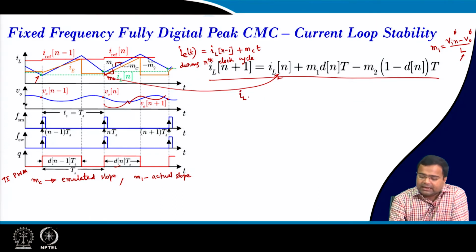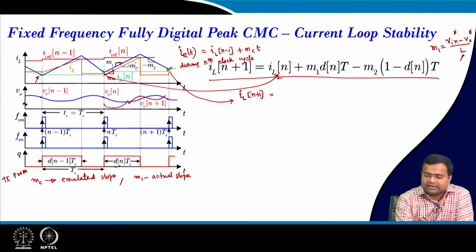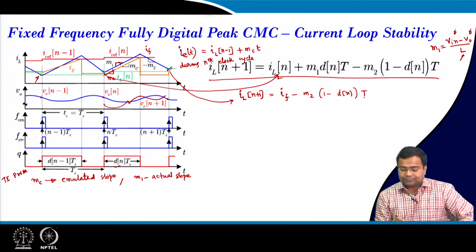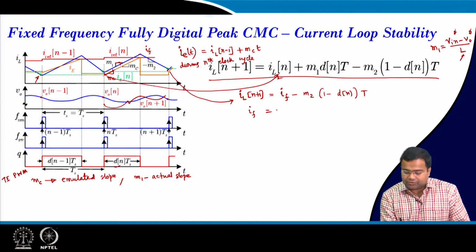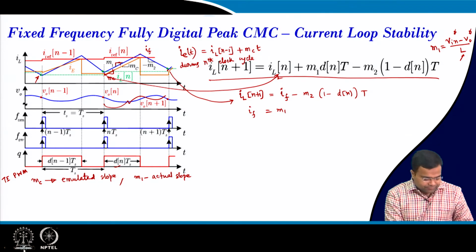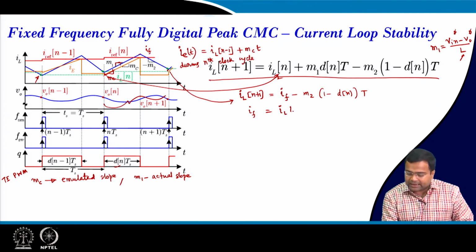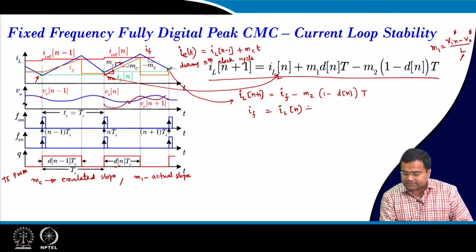Let us say ILN is the value here. This will be equal to the final value, IF, minus M2 (1 minus d of Nt), correct. Now, what is IF? IF equals ILN, that is this value, plus M1 d of Nt.